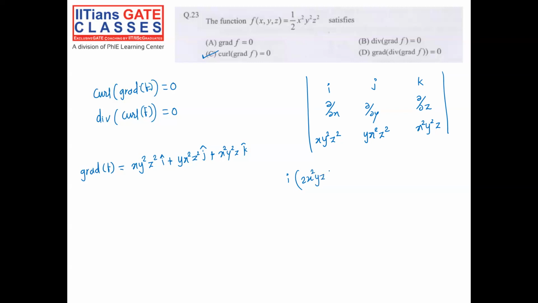minus dou by dou z of this term, which is again 2x square yz.